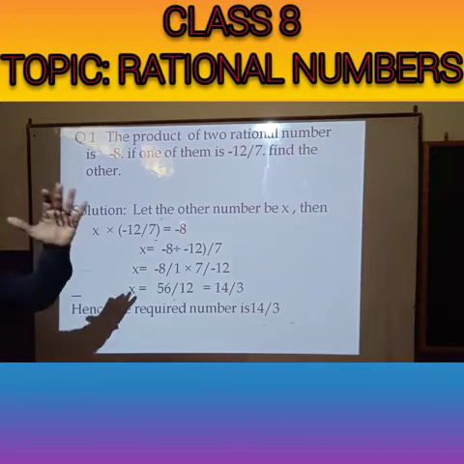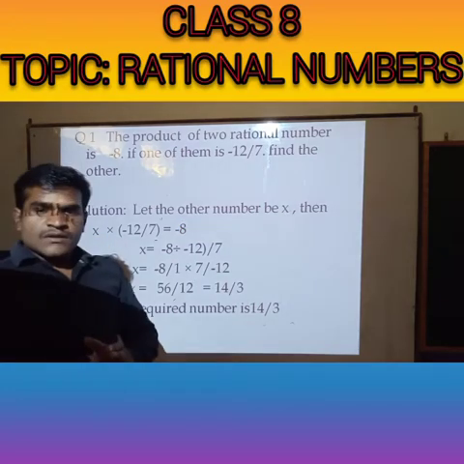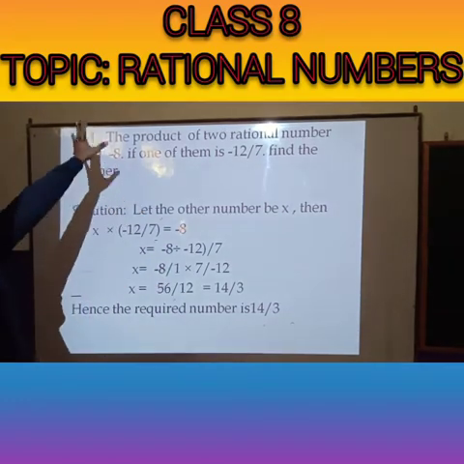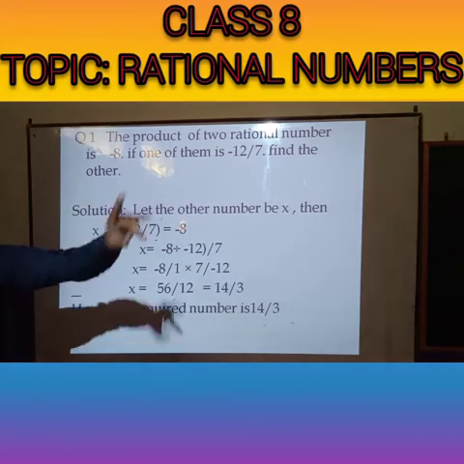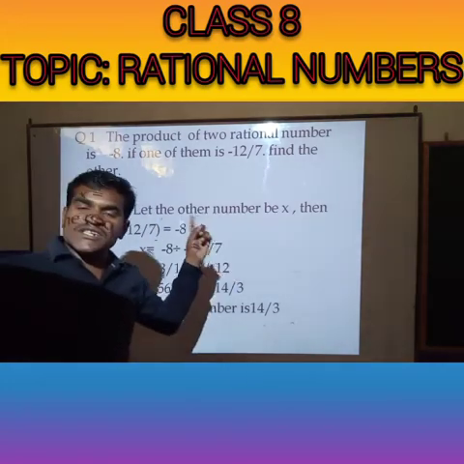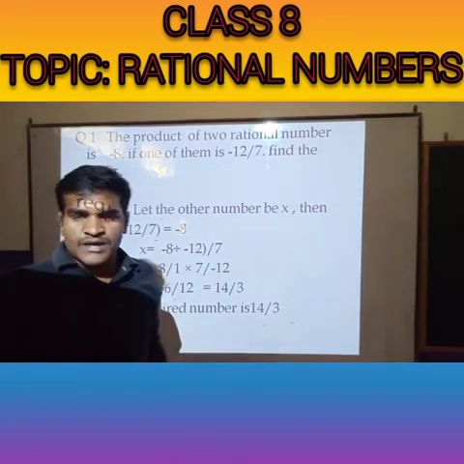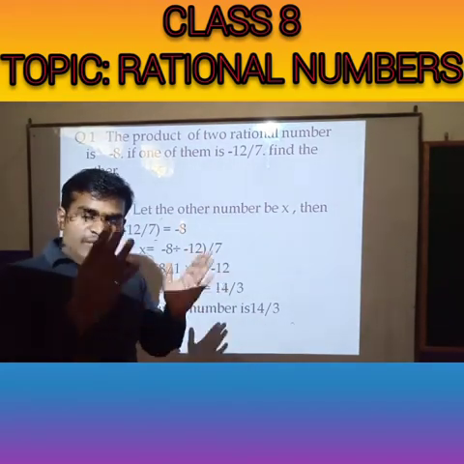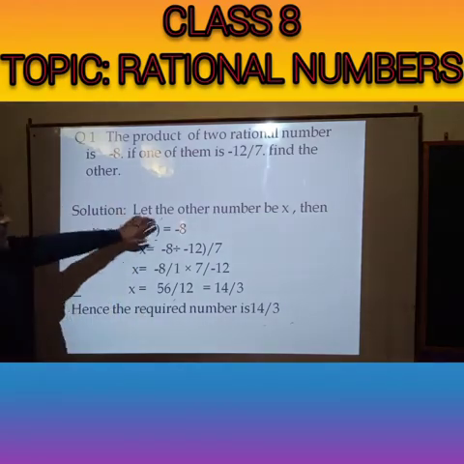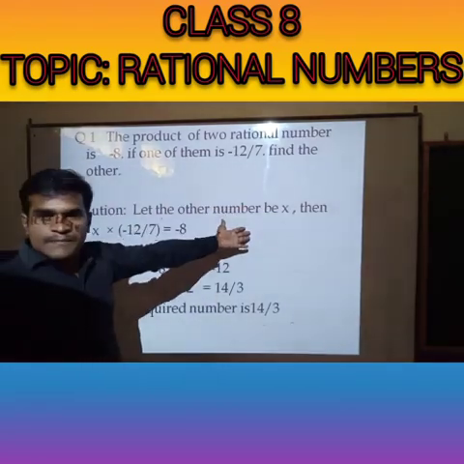First, we have to understand the question. The product of two rational numbers is minus 8 and one rational number is given, that is minus 12 upon 7. We have to find the other rational number. So first we will consider the other rational number to be x.